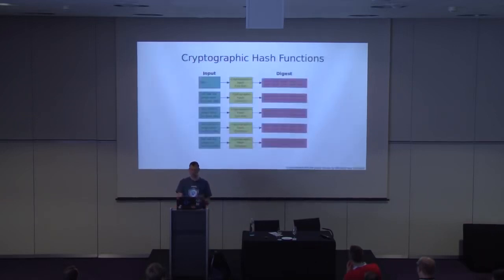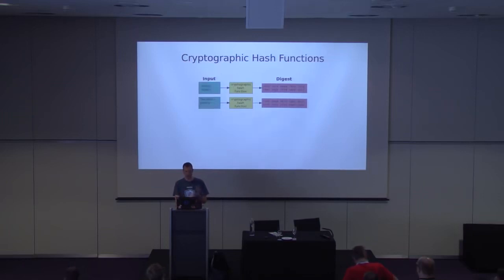This is using a cryptographic hash function, which basically takes some input of variable length and gives some output of static length. And changing just one bit in the input would give you a completely different hash output. And it should also be very, very hard to find two inputs that give you the same output, which is called a collision in cryptography terms. That means we want a collision-resistant hash function. In our use case, we do the exact same mechanism we use for downloading large files and apply that to JavaScript.